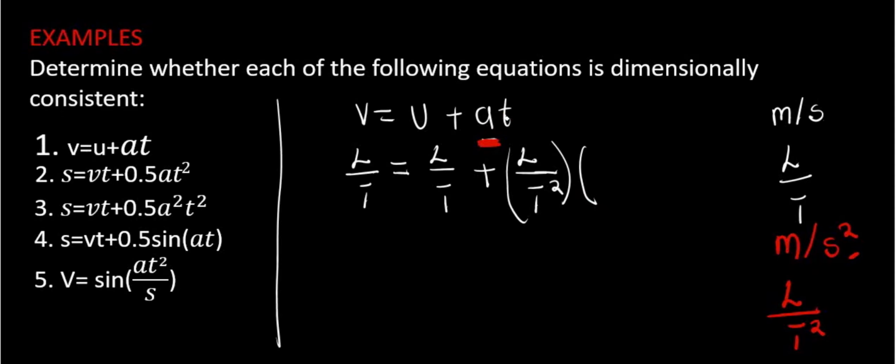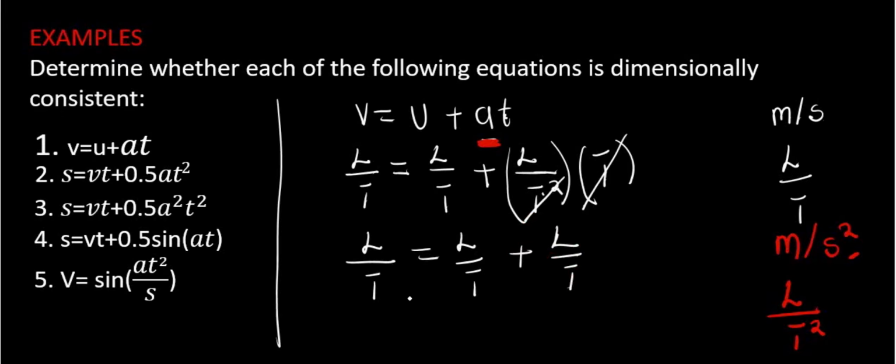Since this is time, it is represented by capital T. So we have L over T equal to L over T. Now here we have two T's, meaning that when we divide one T by this one here, we remain with one T. So it is L over T.